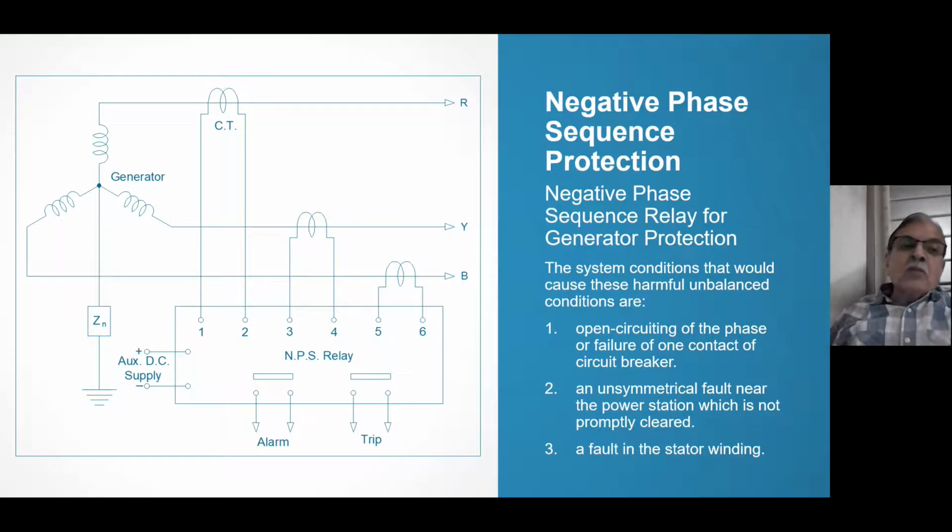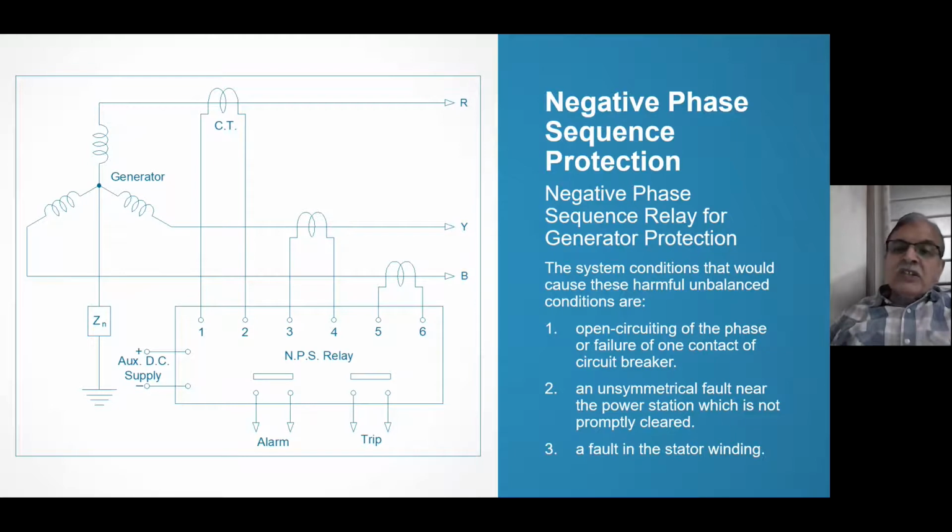So total harmonic distortion, THD as it is known, up to 3% is allowed. And as far as negative phase sequence currents are concerned, 5% negative sequence current, that is 5% of fundamental, the generator can withstand for 24 hours and 365 days. So up to 5%, there is no problem.